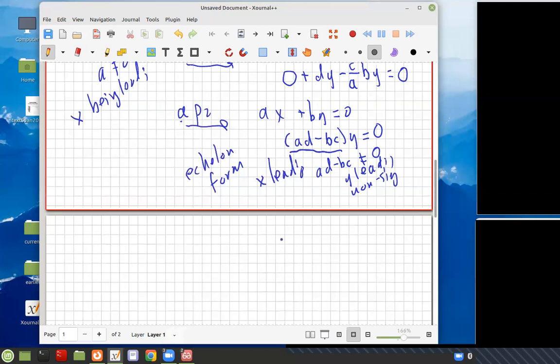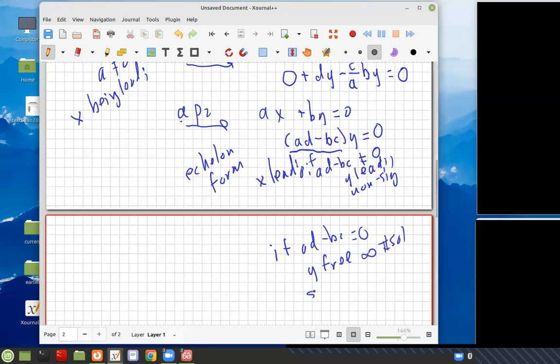On the other hand, if AD minus BC equals 0, then y can be anything, and y is free. You have an infinite number of solutions, and the system is singular.